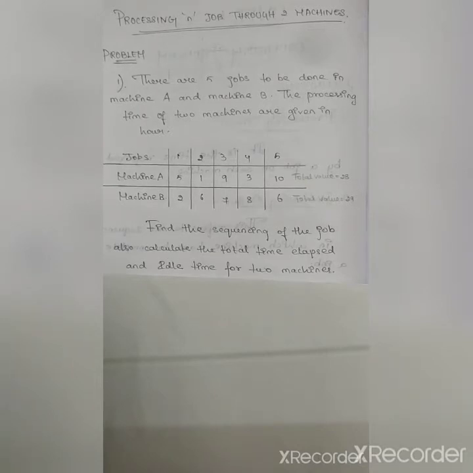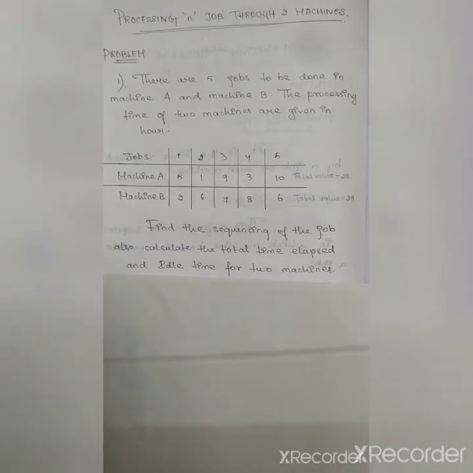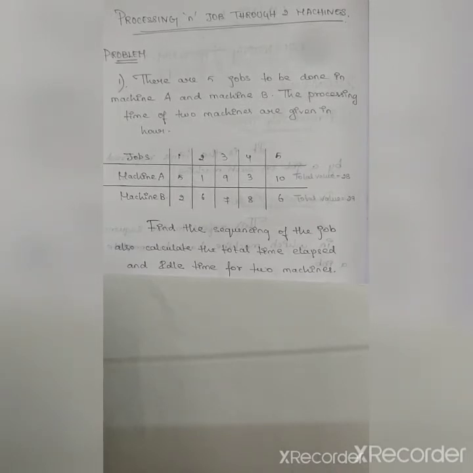So first we have to come up with the sequencing table. Afterwards we have to find the total elapsed time and idle time for the 2 machines. Already I explained the steps, but listen again to see how the sequencing table appears.